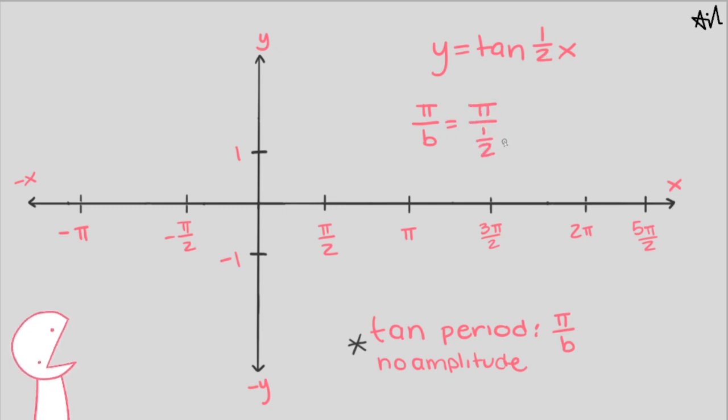And since we can't have a fraction at the bottom, we have to multiply the top and the bottom by the conjugate. This cancels out, and now you're left with pi over 1 times 2 over 1, which ultimately equals 2 pi. 2 pi is your new period.